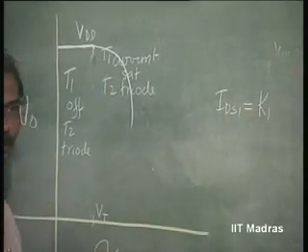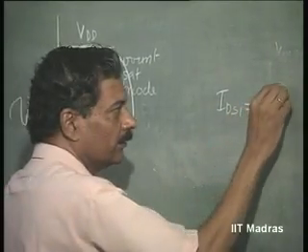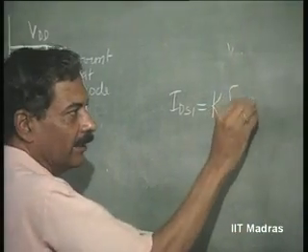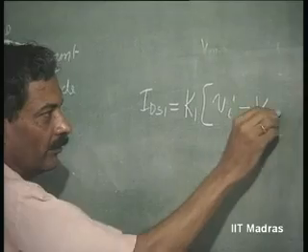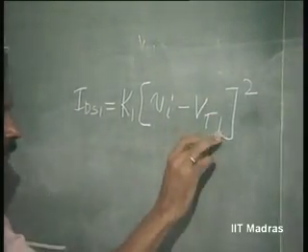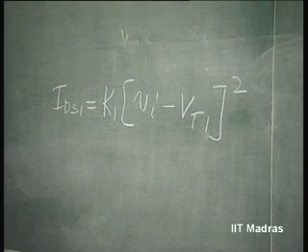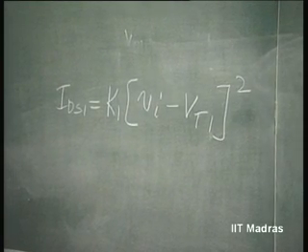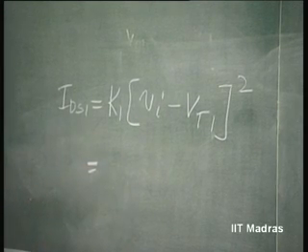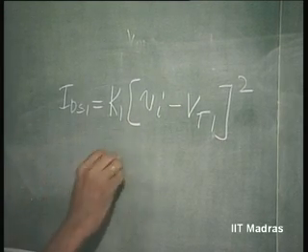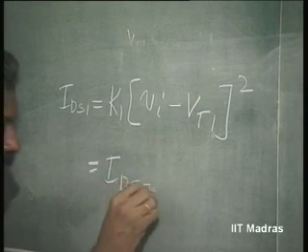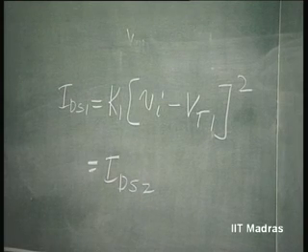K1 into VGS1, which is Vi, minus VT1, we will call it, squared. This is in the current saturation region. This is equal to, now we have to be careful, we will only put the magnitude of current, consider it as positive, IDS2.